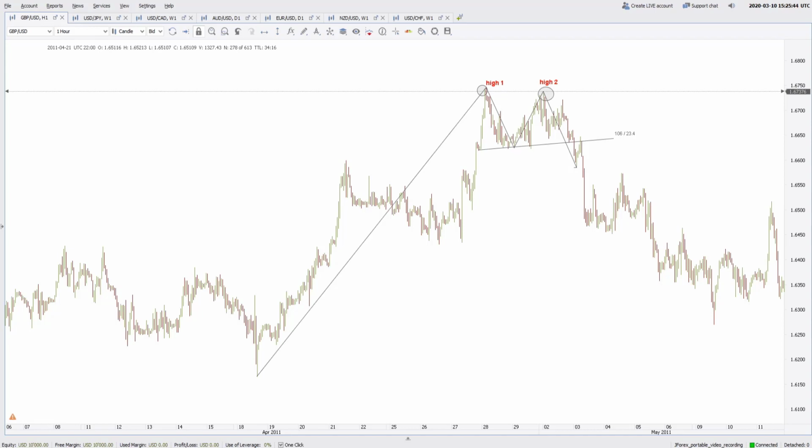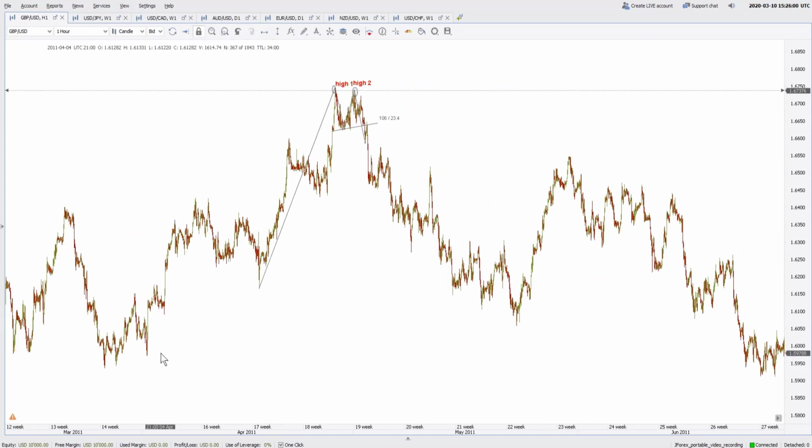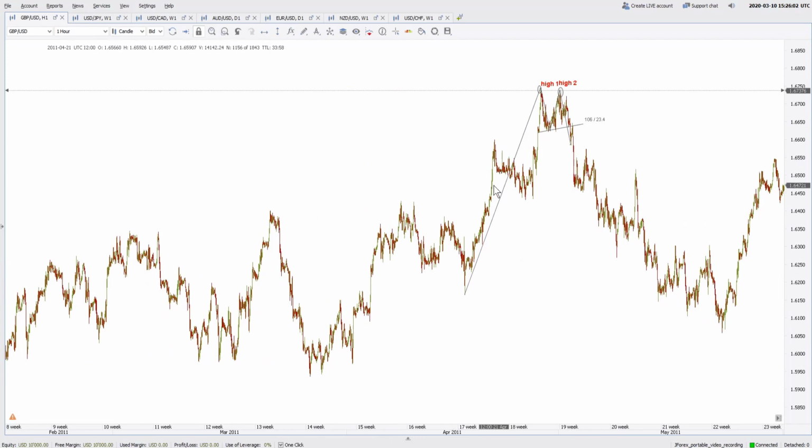Now the first thing that we need to see in a double top is a prior trend. A trend reversal can occur only if there was a prior trend. So how do we identify that there was a trend? You see there was an uptrend here from here till this point. If you want to join this also, there was a long extended uptrend.